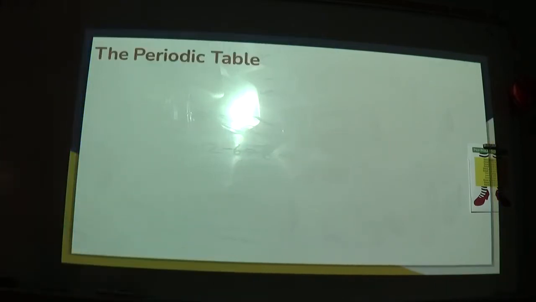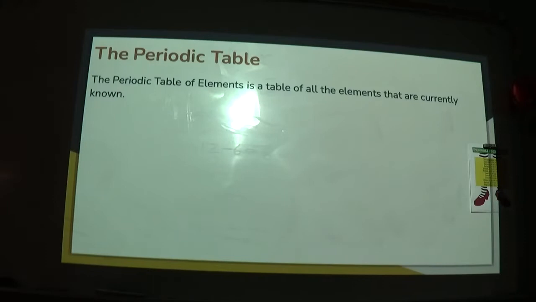So periodic table, okay? We know that it's a list of all the elements that we currently know. How many elements are on it so far today? 118. 94 of them are natural, which means how many are synthetic?